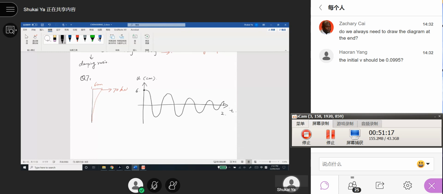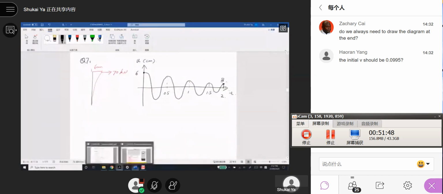The time here is 2 seconds, for sure, 0.5, 1, 1.5. And the magnitude here is 3. Now we know the vibration. From the vibration, we can reversely calculate all the parameters underlying the system.